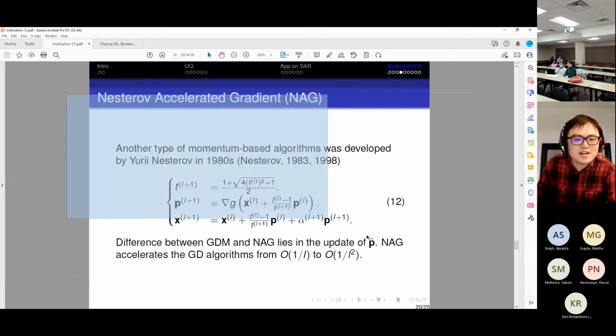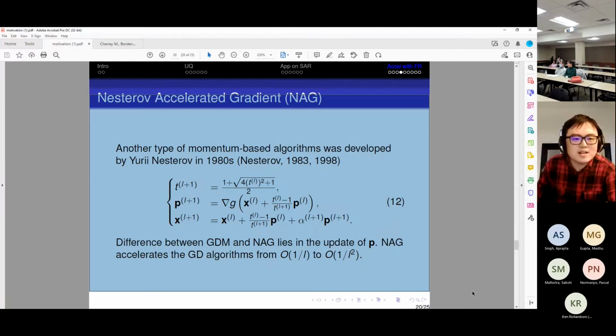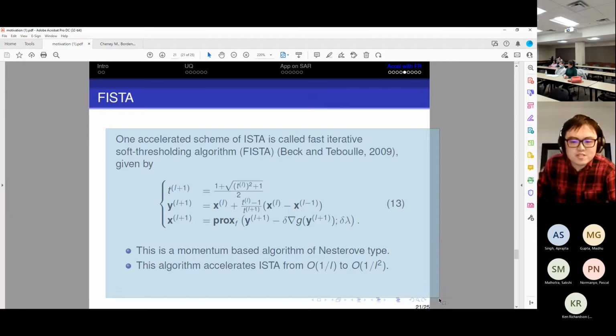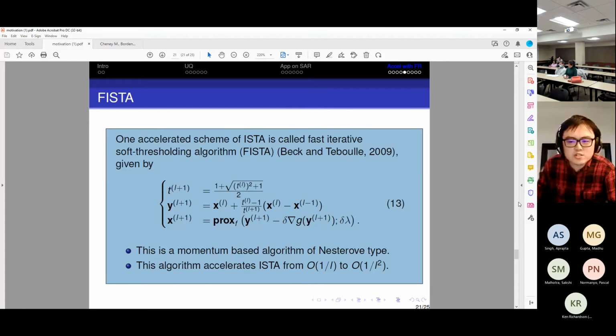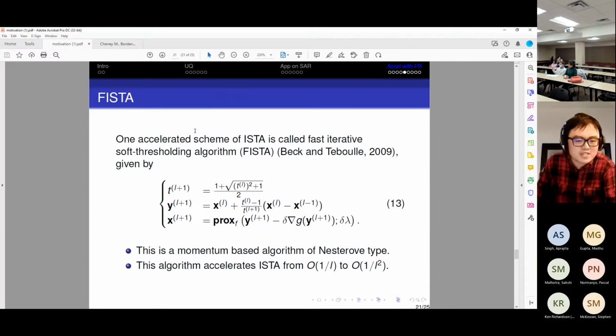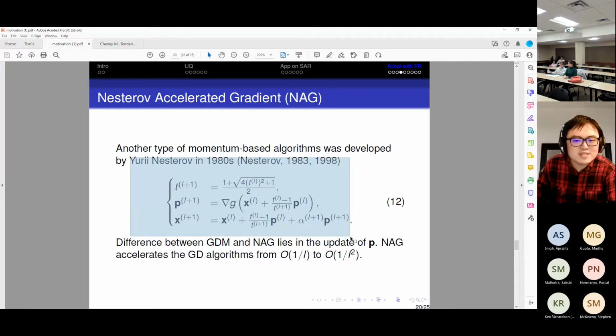And this is another classic acceleration scheme of the gradient, which is Nesterov. And this is FISTA, one of the acceleration algorithms very commonly used in compressive sensing. And you can see that it utilizes what we have seen here as the Nesterov accelerated algorithm.